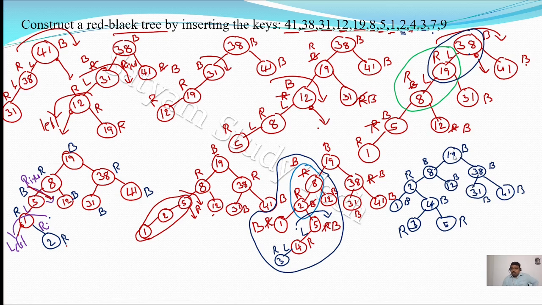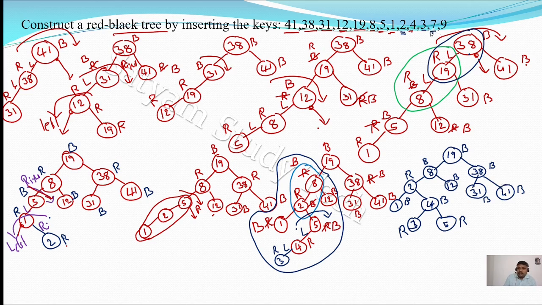The root is a black node, so is there any red violation? There is no red violation. You can check the equal number of black nodes in each and every path: 1, 2, 3 black nodes. So each and every path has an equal number of black nodes.